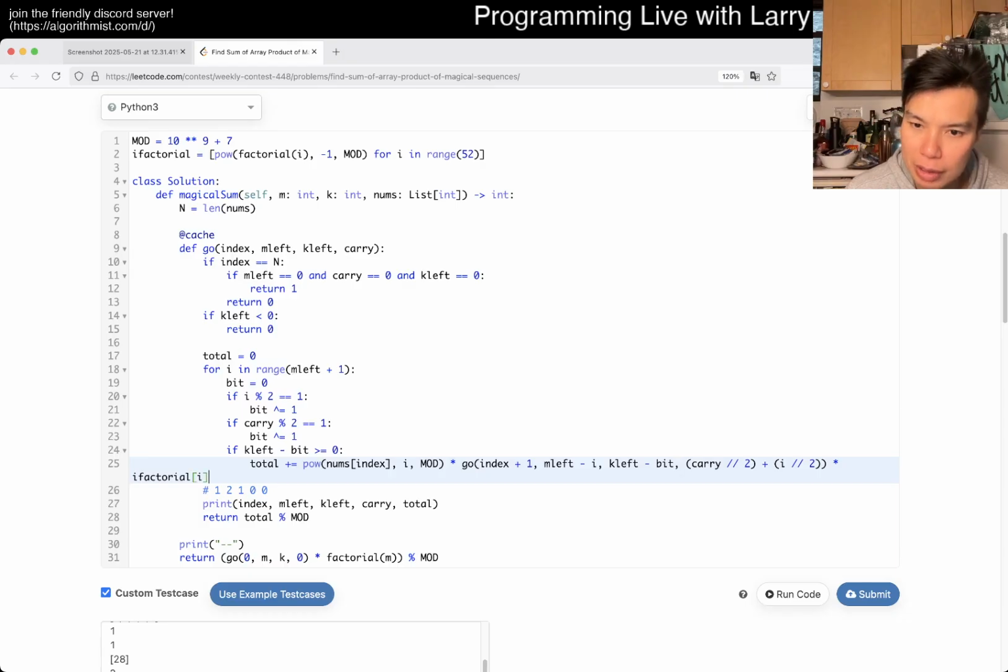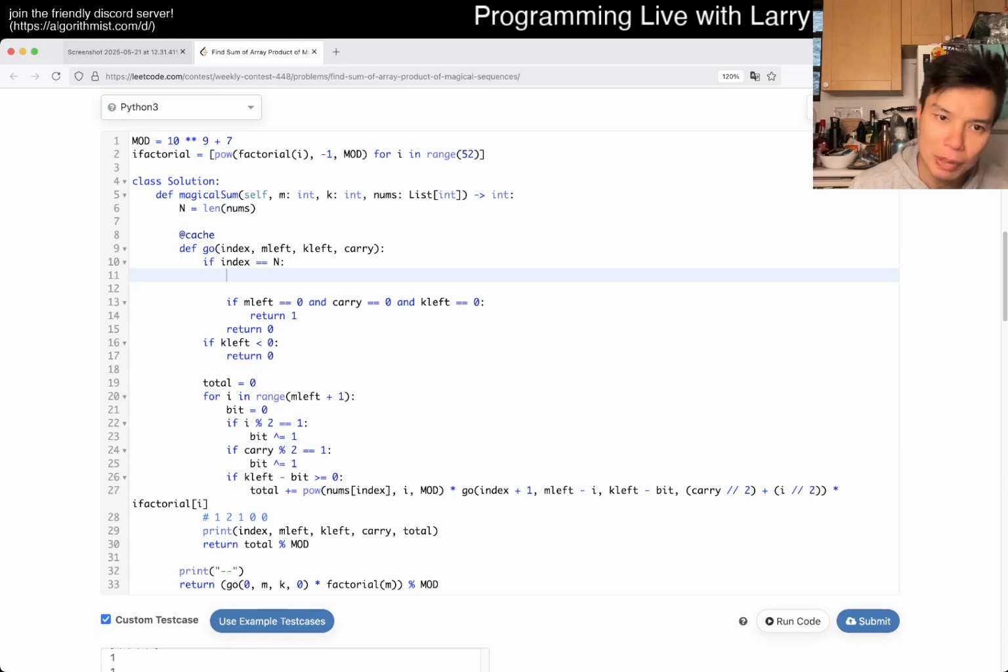Oh, the carry is wrong because I don't, oh no, I of 2, so that 1 is, oh, this carries. I see. So, I mean, maybe we're close.